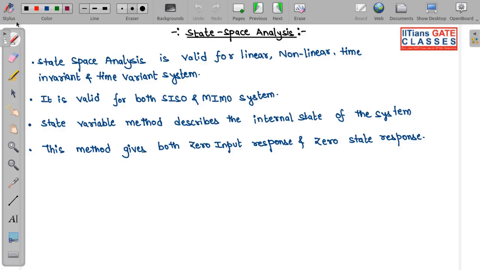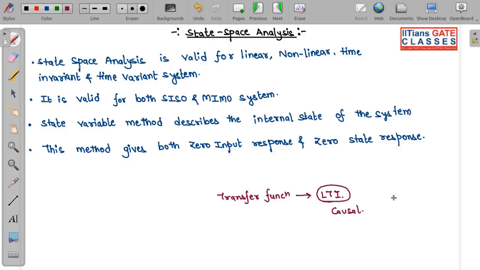One more thing we have seen in classical control is that for analysis, we require the transfer function. A transfer function can be written only for LTI systems, linear time invariant systems, as well as causal systems.